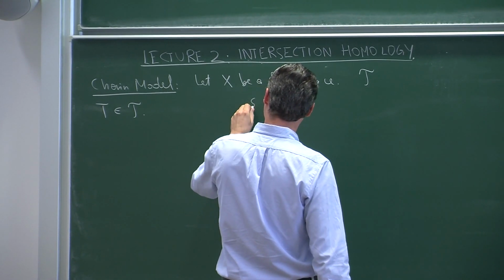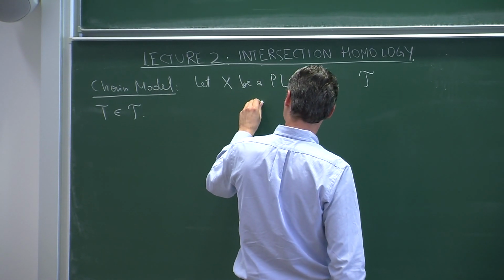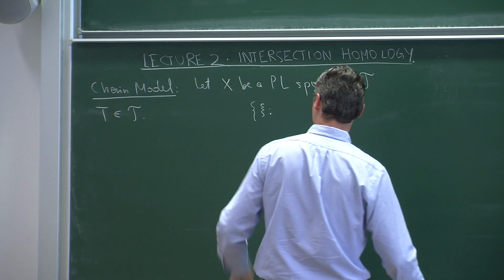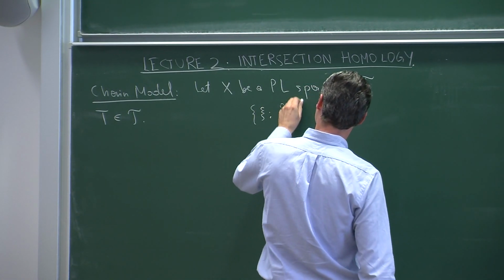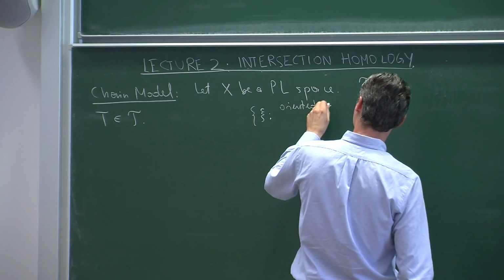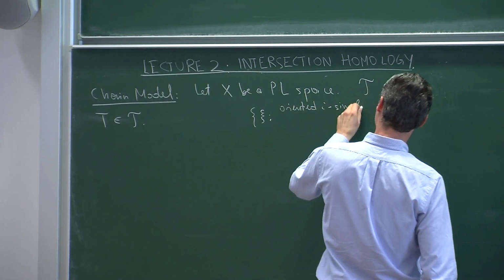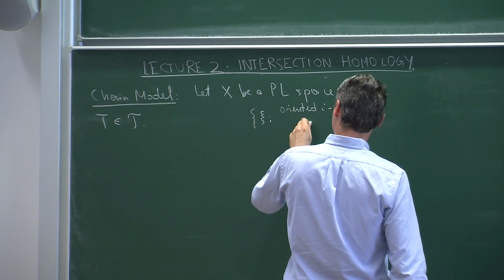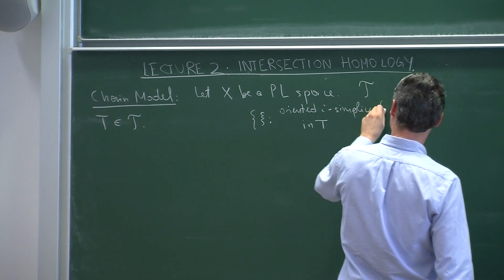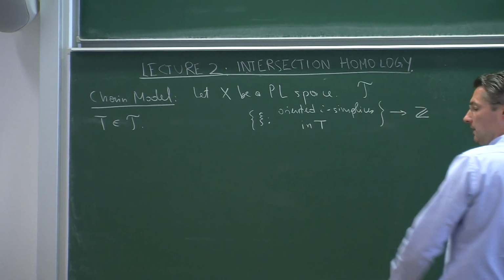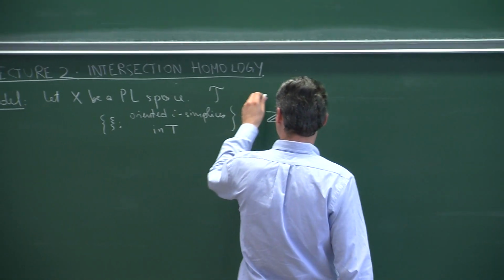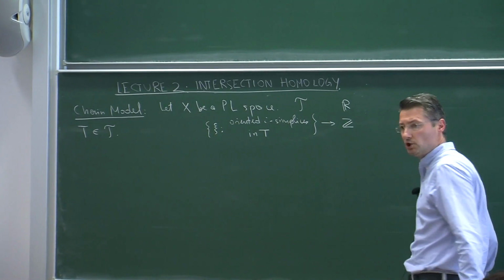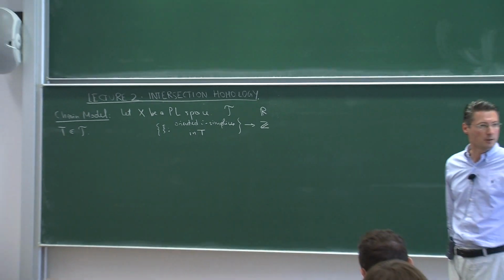Then I can look at functions, say Xi, from oriented i-dimensional simplices in T to the integers or any other coefficient group that you like. We might also consider later, especially, the real numbers, for example.